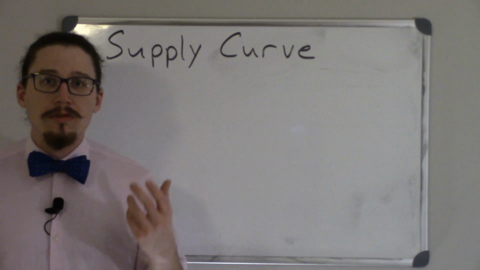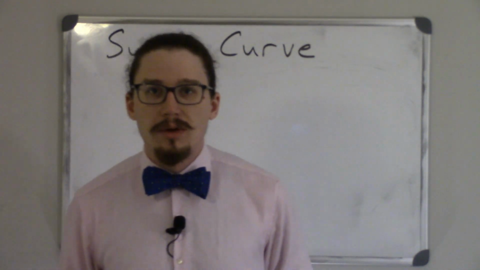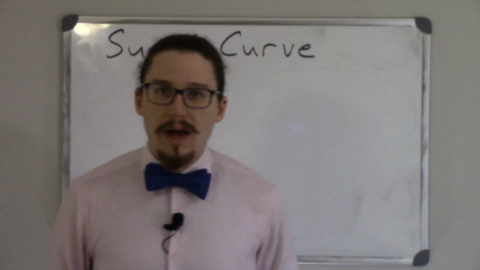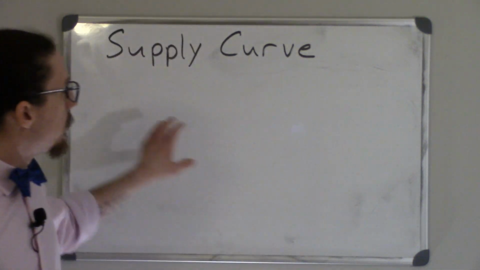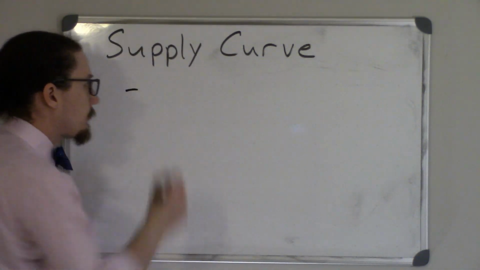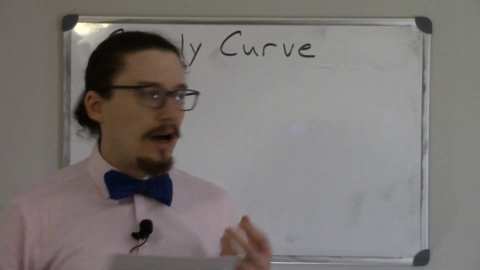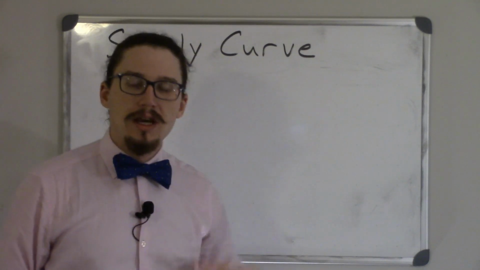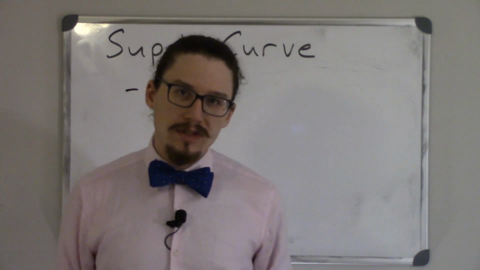Before we start doing some graphical stuff, there are a couple of definitions that I want us to have, and then we'll incorporate those back in later. The first one is I want us to define the supply curve. Just like with our demand curve, this is what we refer to as the supply most of the time, or at least it's a graphical representation of supply.